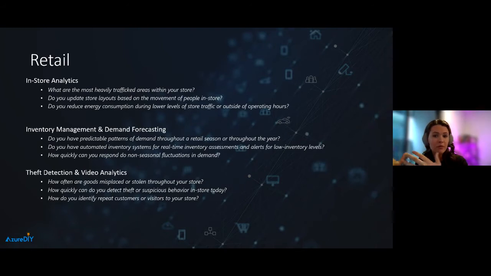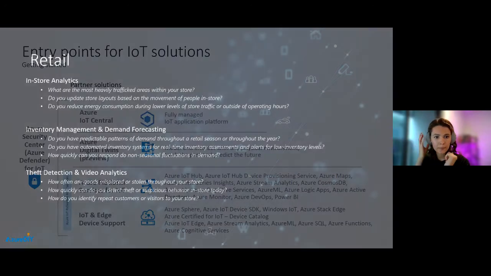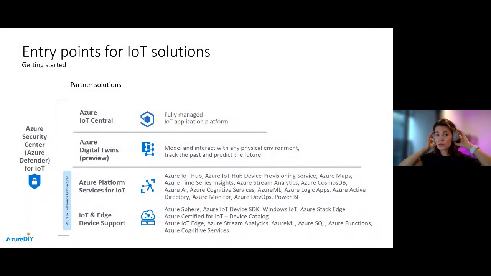So this is a big problem that they're trying to solve using video analytics. And we have a vast range of services, that I will speak about in a bit, that can support solving such a problem.